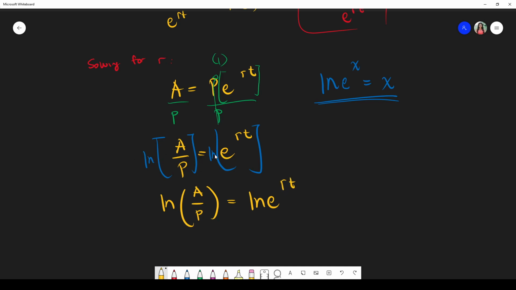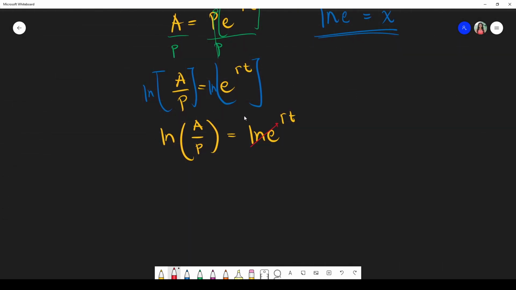Now again, look here, this looks similar, right? And the identity says that if we extract the natural logarithm of the Euler's constant raised to an exponent, then that's simply just the exponent. So essentially what we're doing is removing the Euler's constant so that we could manipulate the exponent and isolate r as our unknown variable.